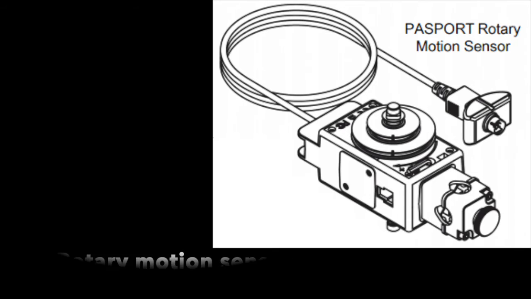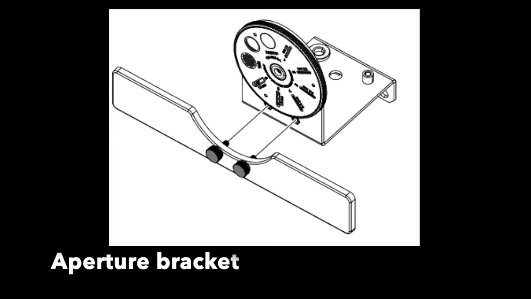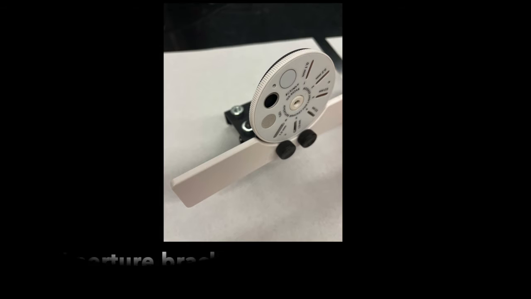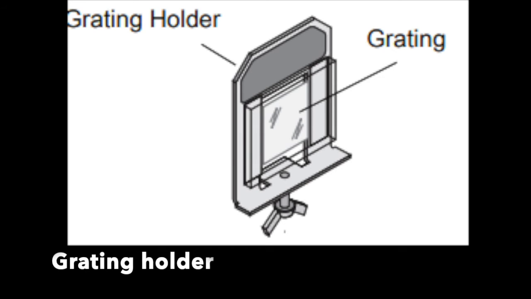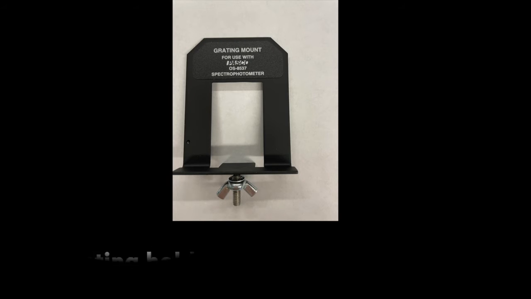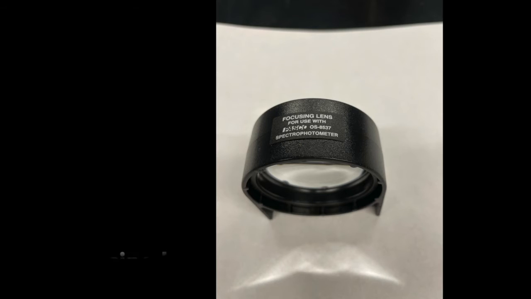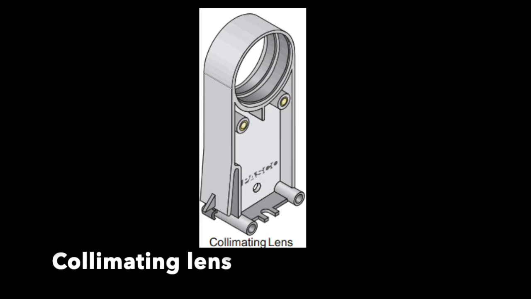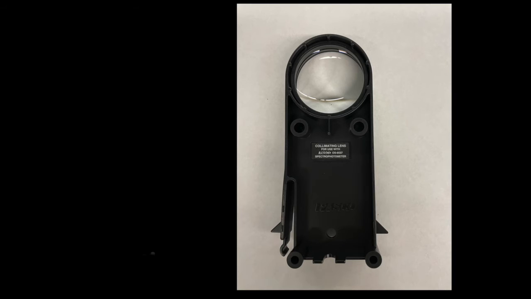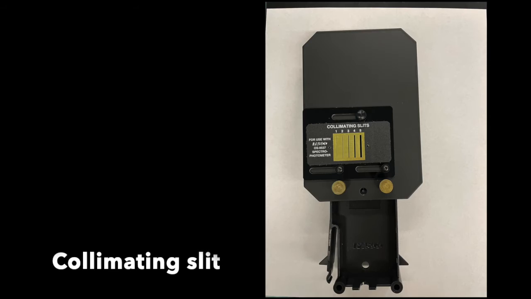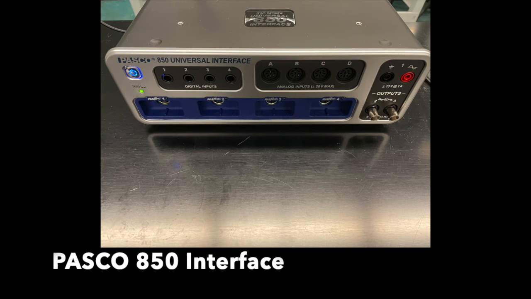We need a rotary motion sensor, an aperture bracket, which we're going to use in front of the light sensor, and two lenses, a focusing lens and a collimating lens. They are both of 10 centimeter focal length. For collimating slits, we have 5 different sizes.